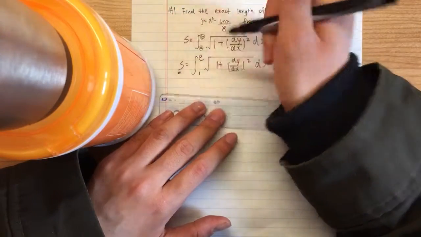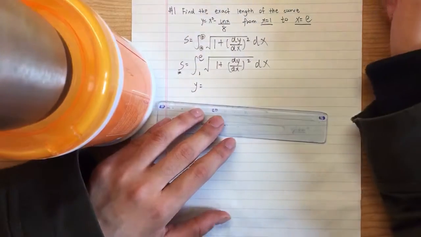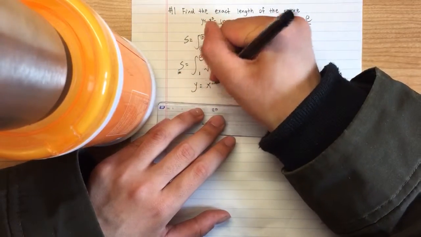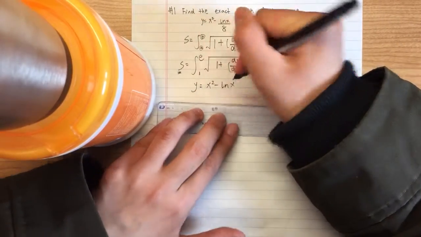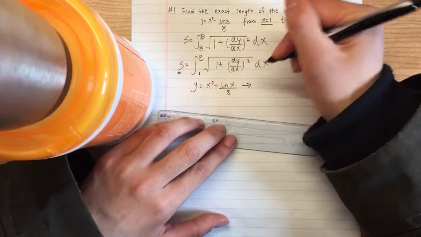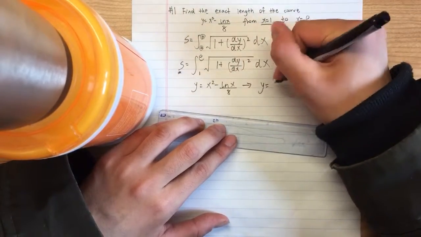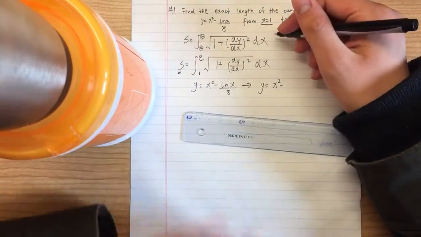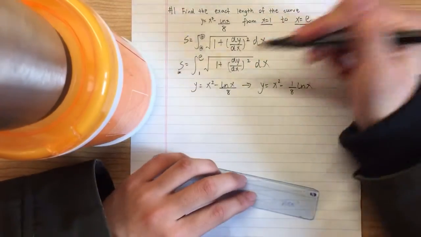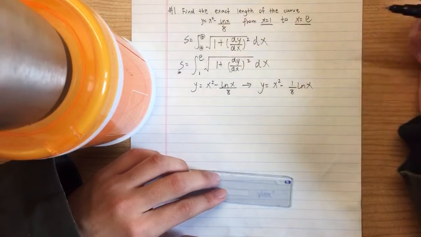The original function is y equals x squared minus ln x over 8. We can also write it as y equals x squared minus 1 over 8 times ln x.